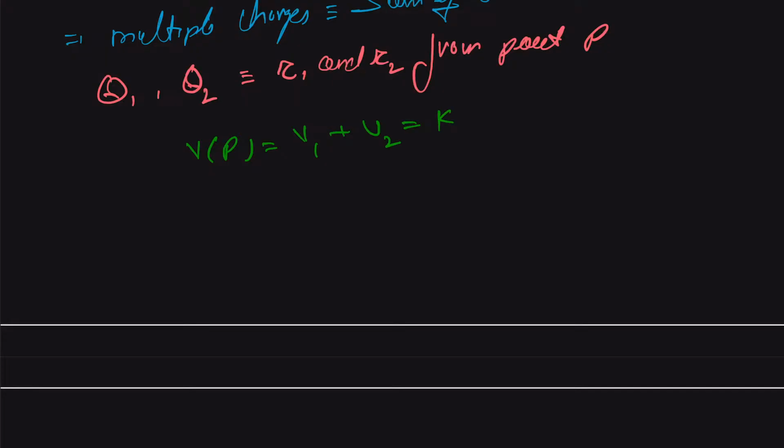So we can write this as K Q1 upon R1 plus K Q2 upon R2.